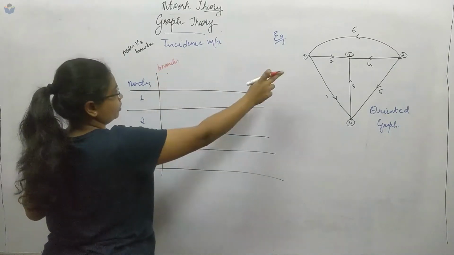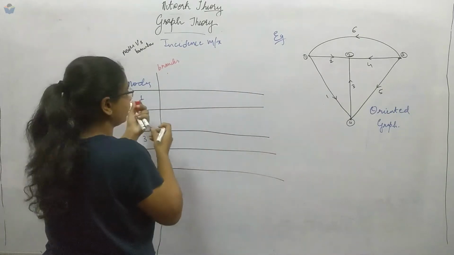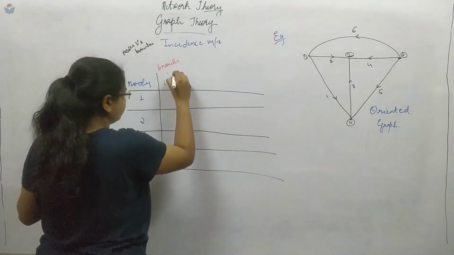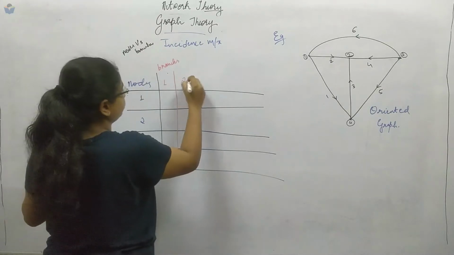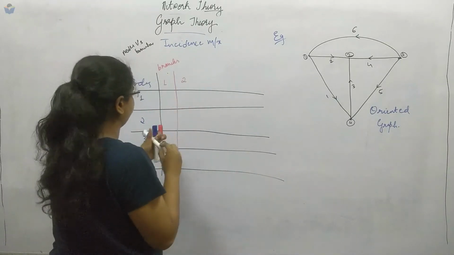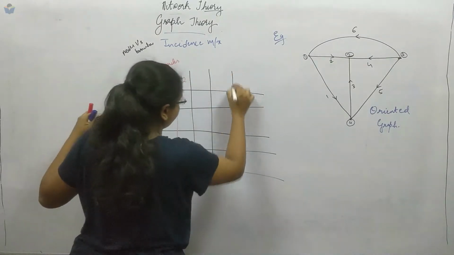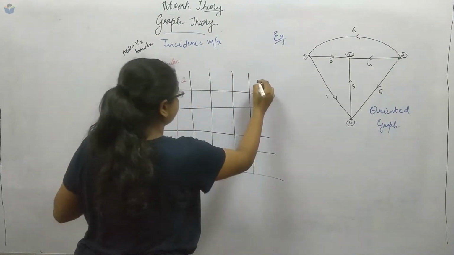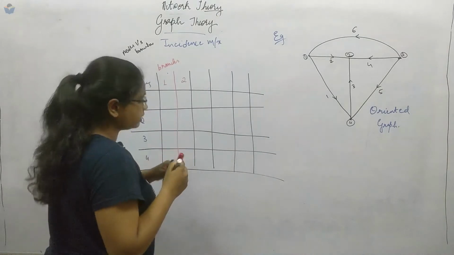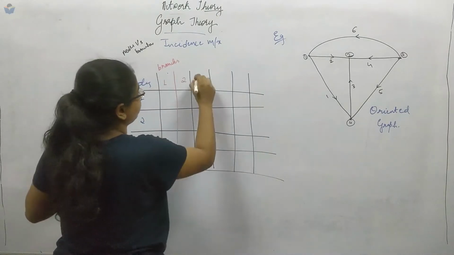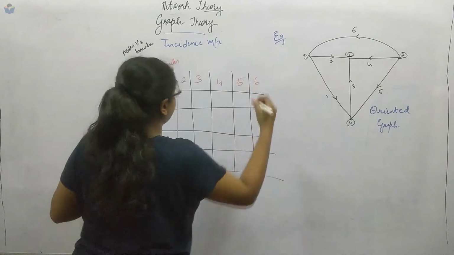How many branches are there? 6 branches: 1, 2, 3, 4, 5 and 6.